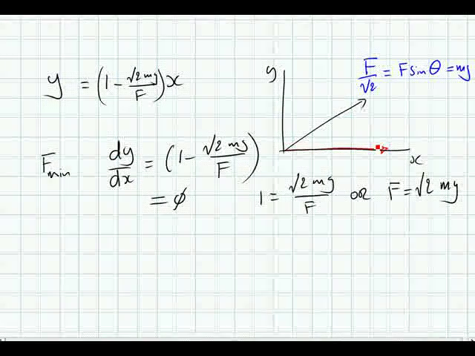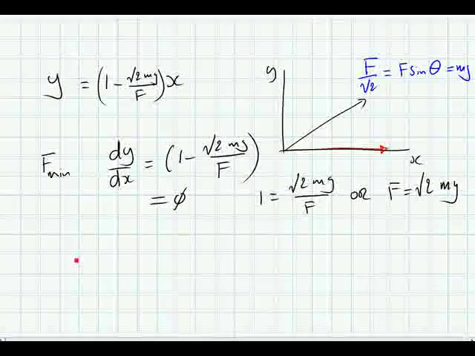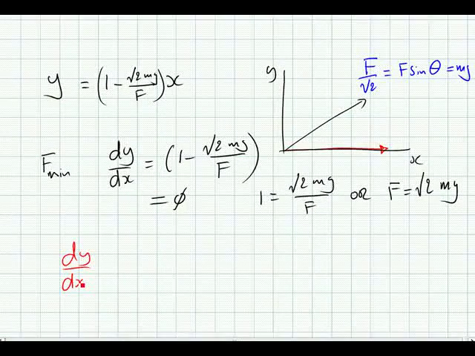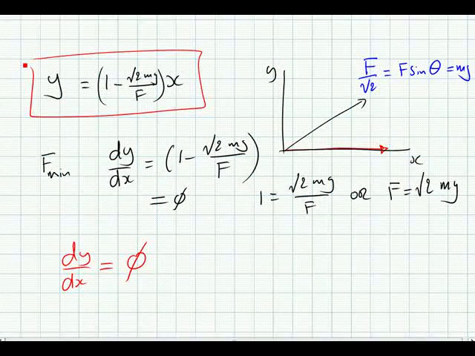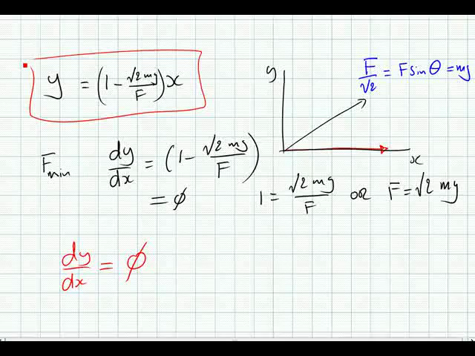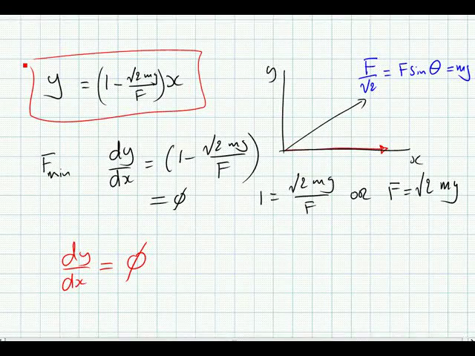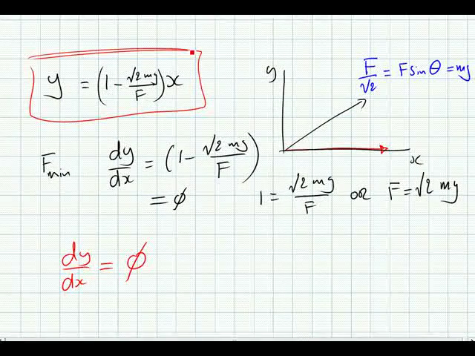And what we mean by a horizontal trajectory is that dy/dx is equal to 0. So the trajectory was given by this expression here.